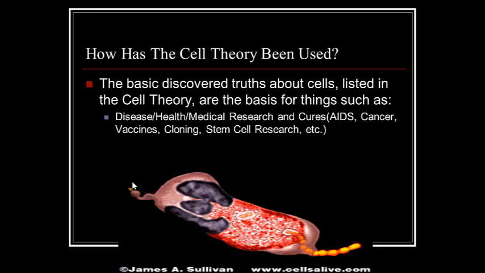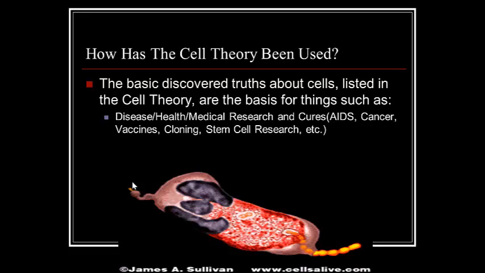This cell theory that they came up with, all this work, all this research, has actually helped us a lot, even in our current day. The discoveries and truths about cells have helped us in working with different diseases, health and medical research, trying to find cures for AIDS and cancers, and the different vaccines that we have now.